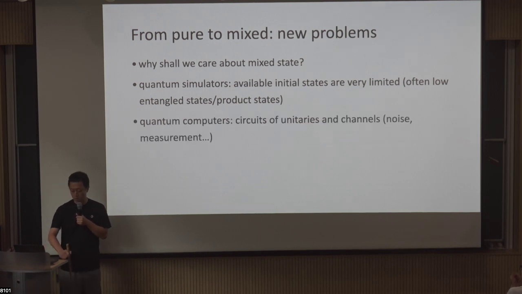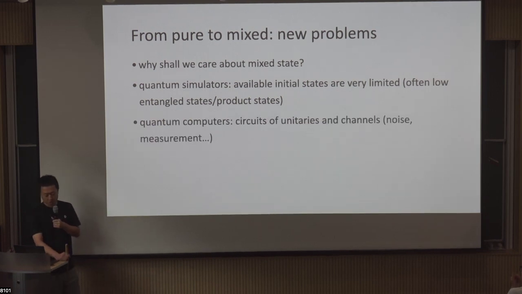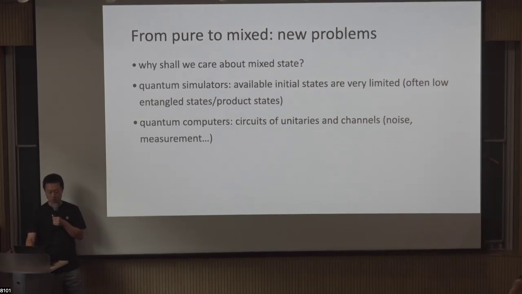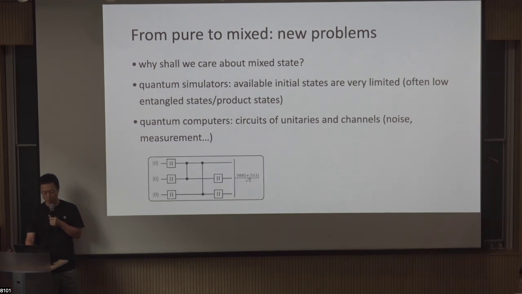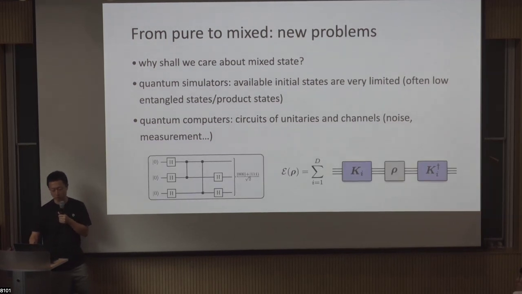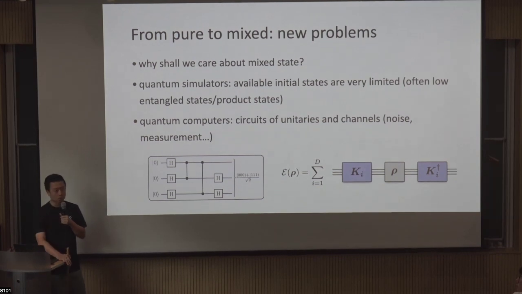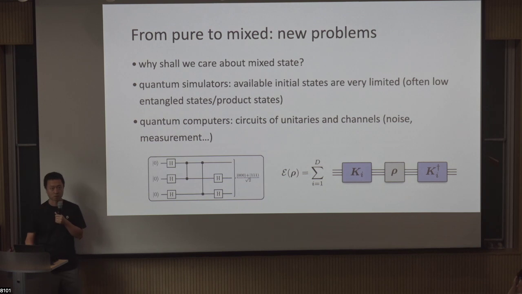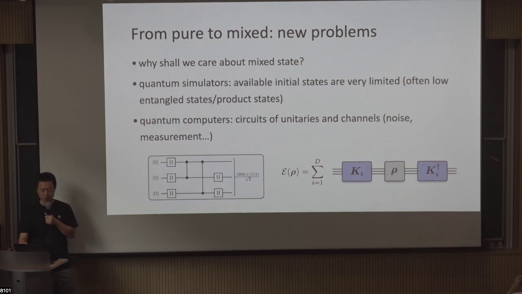And another situation is you don't even have the Hamiltonian to talk about in the first place. For instance, you create some quantum states from a quantum computer. It's coming from a quantum circuit, which may also have noise in measurement or things like that, and cannot be described by a simple Hamiltonian.